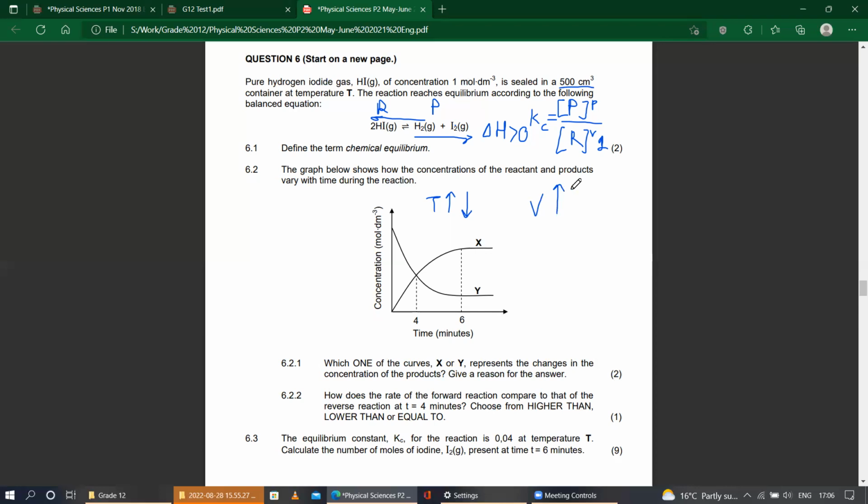That means we're gonna decrease the pressure because you know that PV is equal to nRT, right?